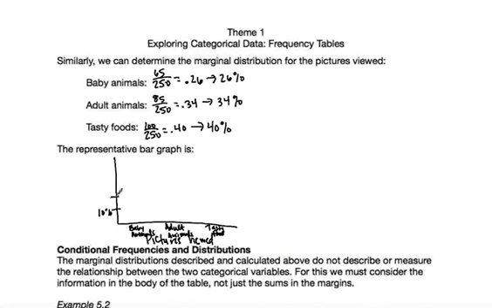Percentages on the sides. Baby animals was 26%. Adult animals was 34%. And tasty foods was 40%.